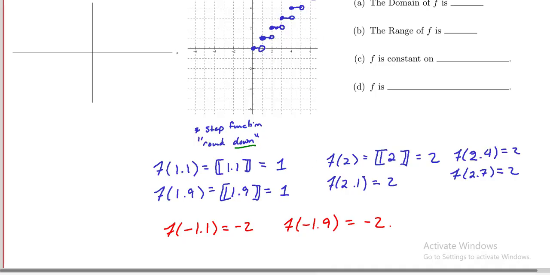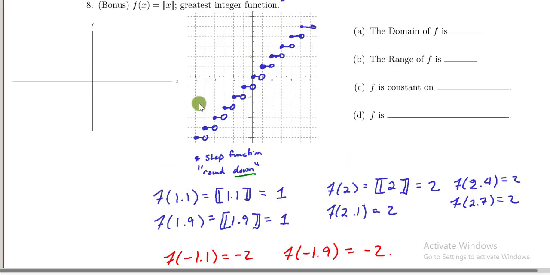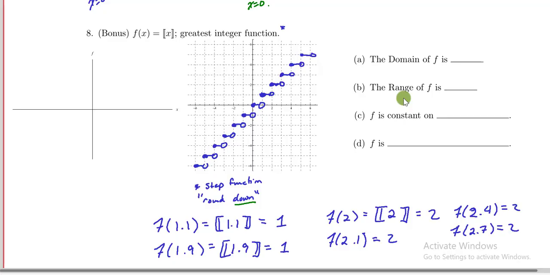So we actually have that same behavior over here that we saw in the right-hand side. I kind of wish I had made this axis a little bit smaller, but we'll fill in what we were given. So that's our step function, also called our round down function. So here's the shape of it.